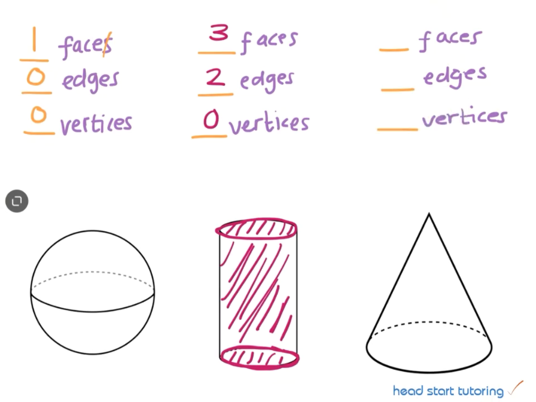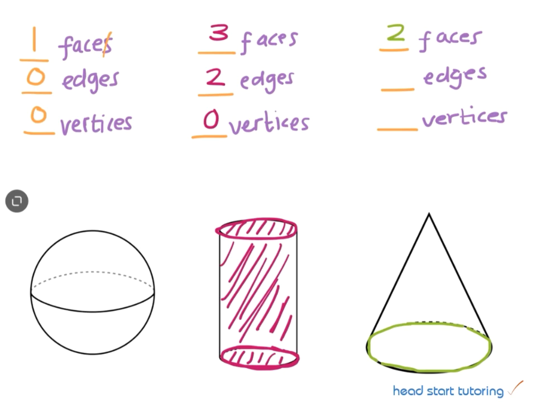Right, let's have a look at our cone. A cone has 2 faces, okay? So we have got this circular base, and then we have got that face at the top.